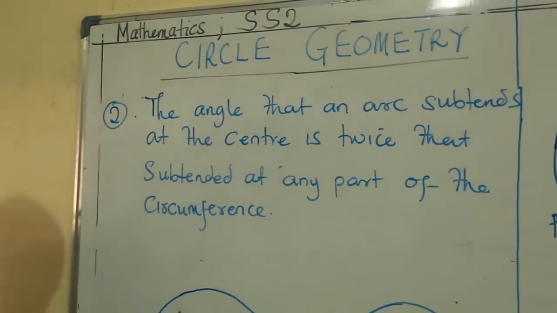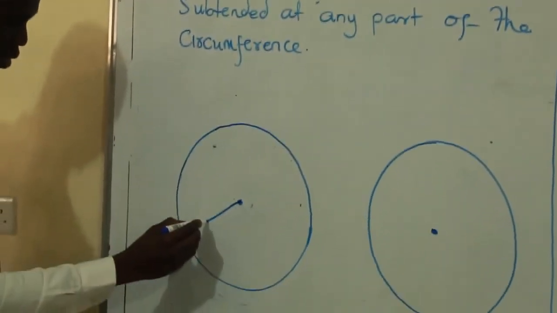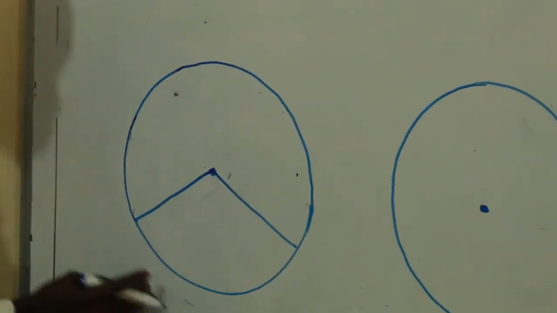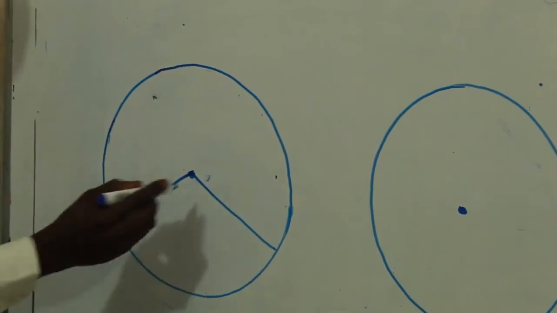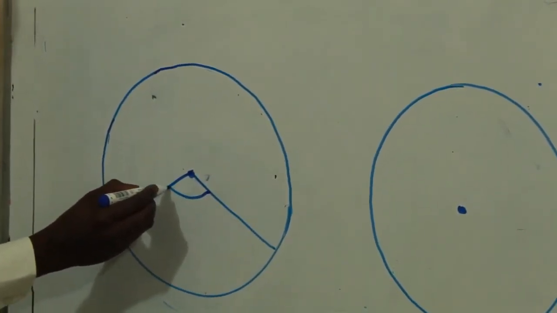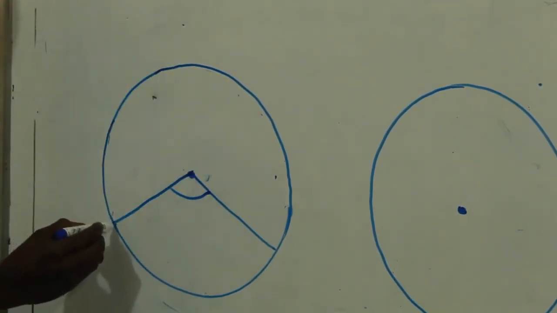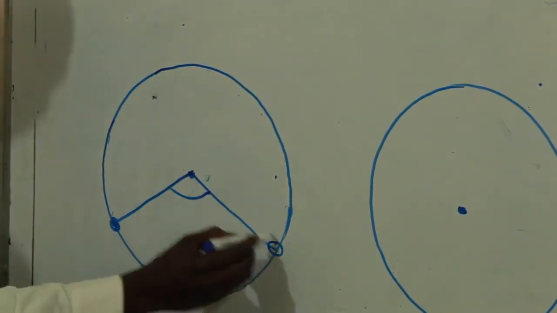It means that if two radii are drawn, it forms an arc. And the angle subtended here is 2 times the angle that will be formed by these points of the arc.